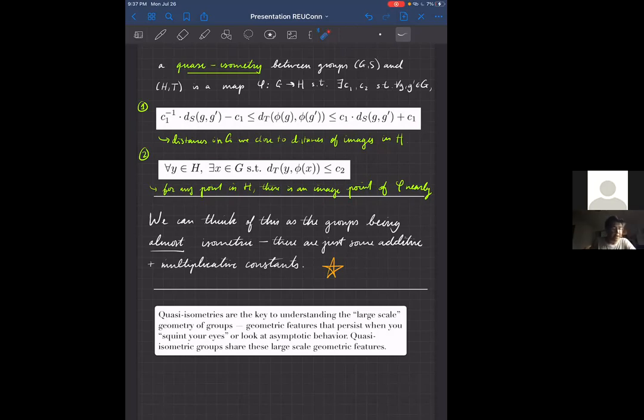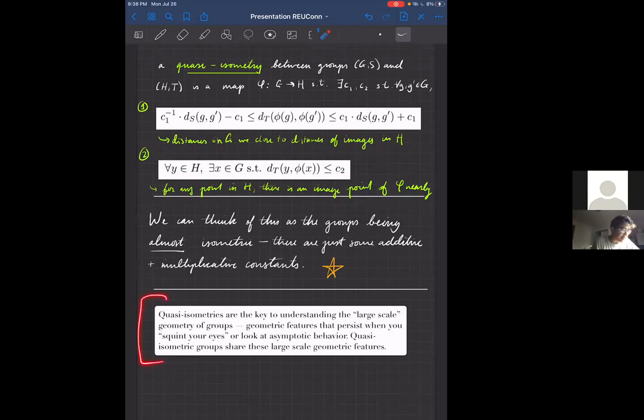Okay, and we also have a condition called quasi-surjectivity, or maybe you've heard coarse surjectivity in the past, where for any point in our image H, there's a point of the image of the map phi that is nearby. And by nearby, it's within some uniform constant I called C2. So there's no big gaping sort of unbounded areas in H where there's no sign of the image of phi.